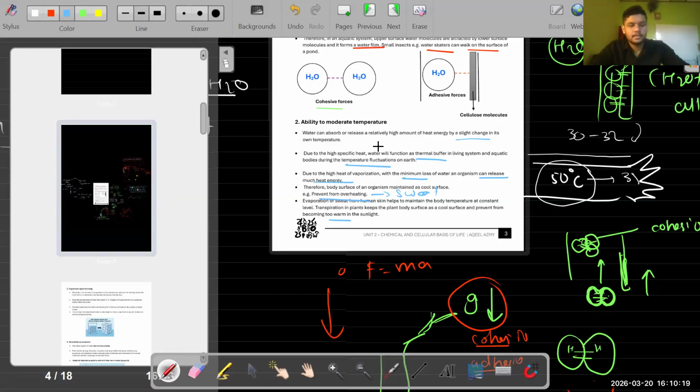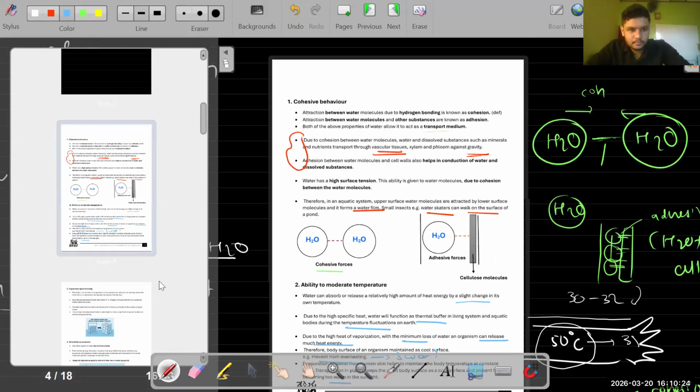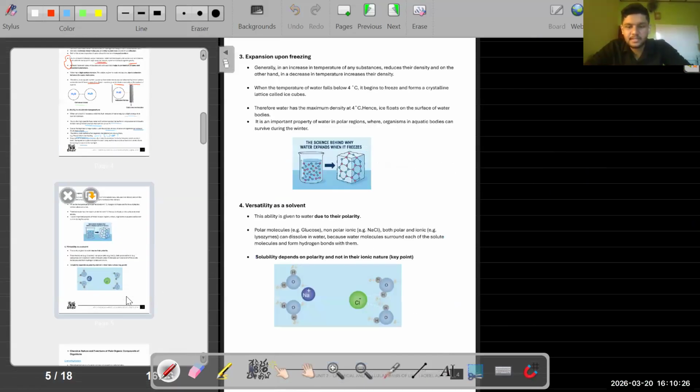Clear, right? Then let's move on. Now these two are very, very easy, right?